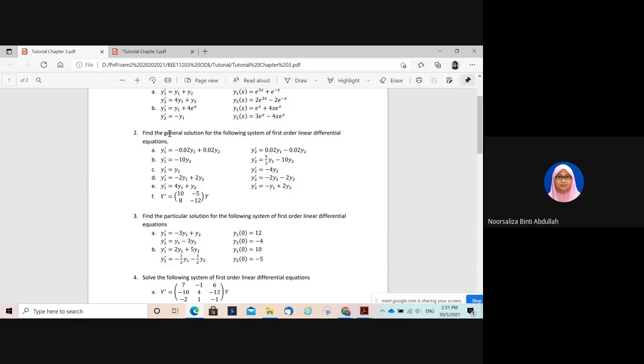Number 2 is find the general solutions for the following system of first order linear differential equations.